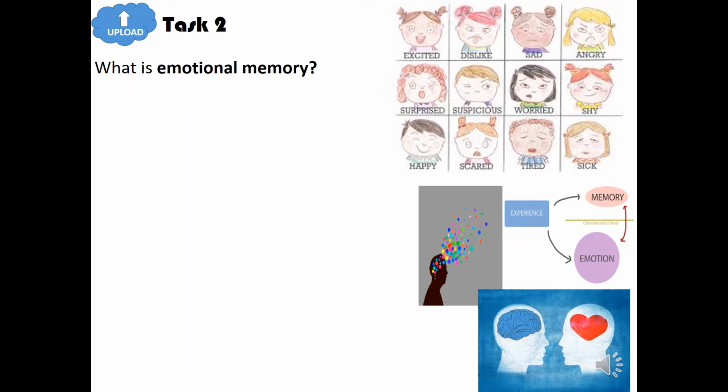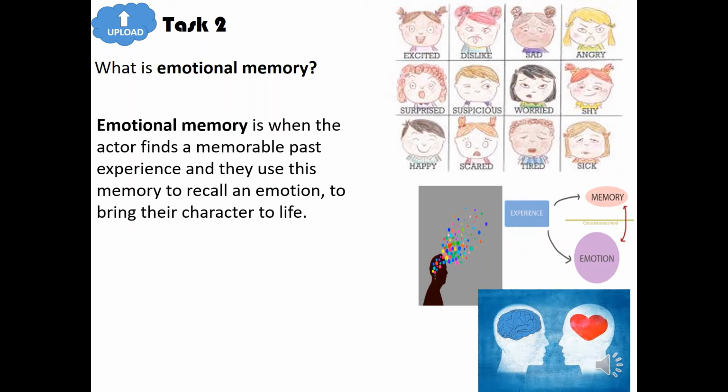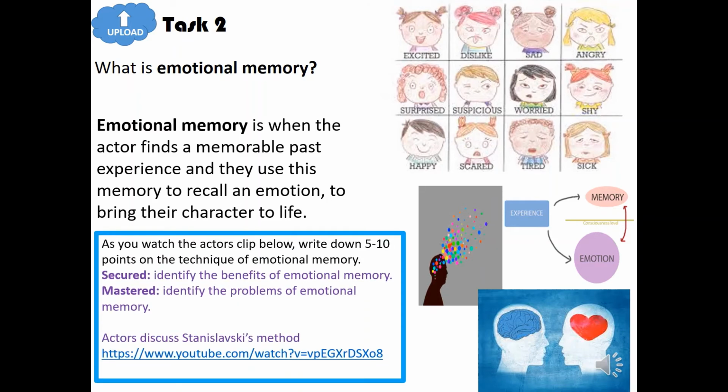So emotional memory is when the actor finds a memorable past experience and they use this memory to recall an emotion to bring their character to life. So here's your task. As you watch the actor clip, I want you to write down about 5 to 10 points on the technique of emotional memory.